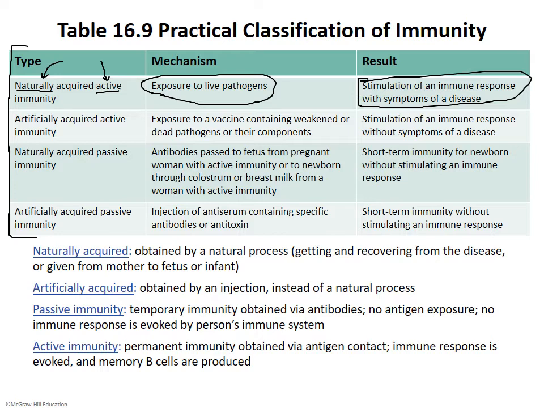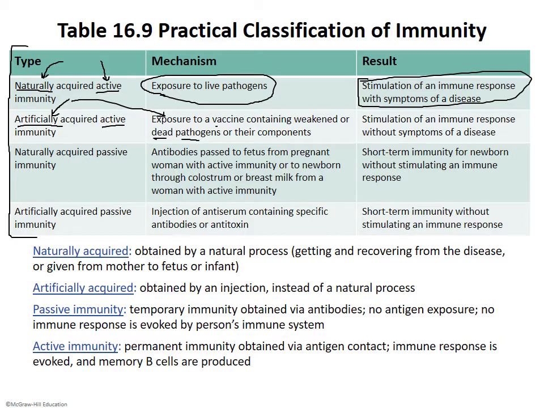Then we have what's called artificially acquired active immunity. This is when we take a test tube, we neuter or we hinder the virus in some way so that it's not as deadly. We weaken it. Sometimes we even just kill it and let our body fight it. It is from an artificial source, and we expose our body to it.